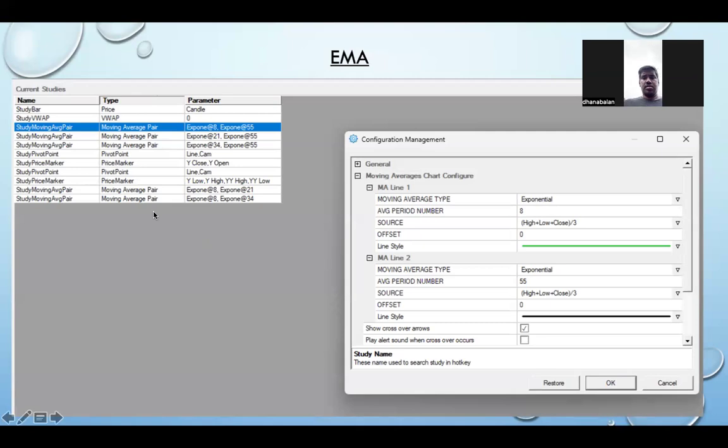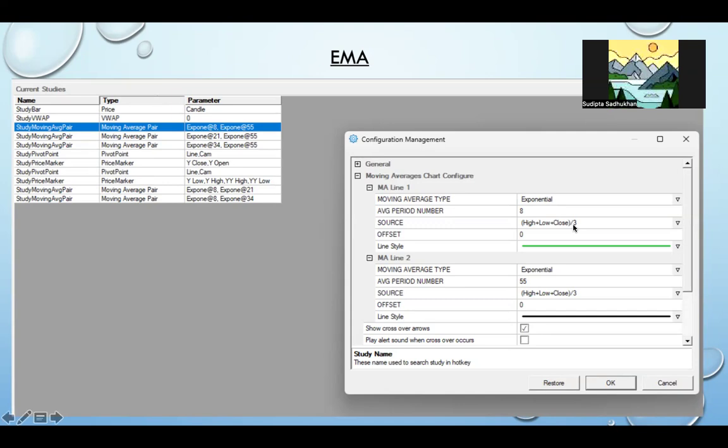For my strategy, I'm using 8, 21, 34, and 55 exponential moving averages, and for all the moving averages I'm using high plus low plus close divided by 3. For a particular candle we have four prices: opening price, closing price, high and low. From that I'm using high plus low plus close divided by 3.